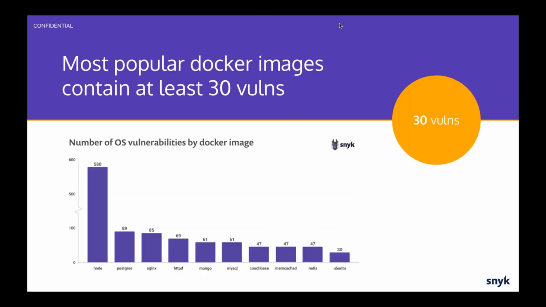As you can see here, there's also a very large rise in the amount of high and critical vulnerabilities when it comes to severity. We did this test where we took the top 10 most popular Docker images in Docker Hub, and we tested them for open source vulnerabilities. We were pretty surprised to find that all 10 had at least 30 vulnerabilities in them, with Node being the winner with 580 vulnerabilities existing within that container.